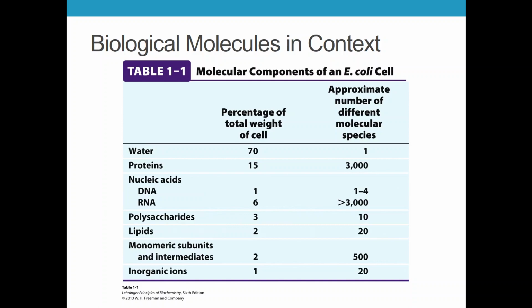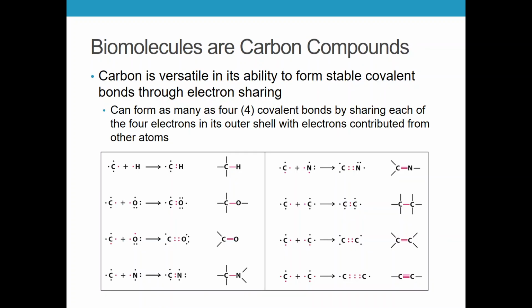So basically, these are the 4 most common types of biological molecule, and you should see, based on percentage weight in the cell, why we go about doing this. But that's sort of how this course is going to be broken down. We're going to spend time talking about each one of these common biological molecules. The commonality of all of these biological molecules is that they are carbon compounds. They are centered, designed around carbon and its chemical behavior.